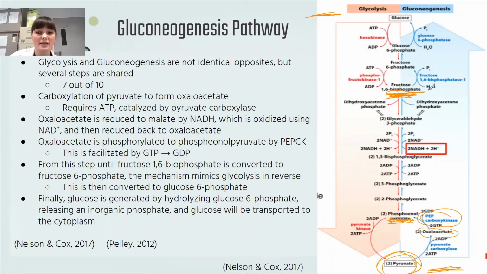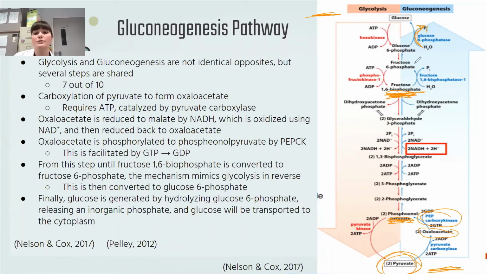And then from here, fructose 1,6-bisphosphatase is going to convert the fructose 1,6-bisphosphate to fructose 6-phosphate. And then in the last part, glucose is going to be generated by hydrolyzing glucose 6-phosphate and releasing that inorganic phosphate. Here is where you see that happening on the diagram.